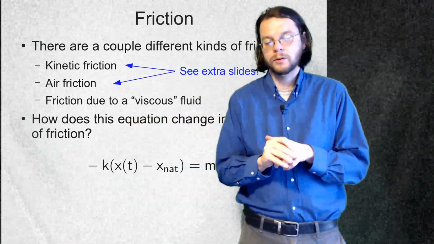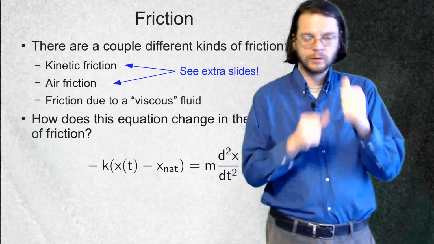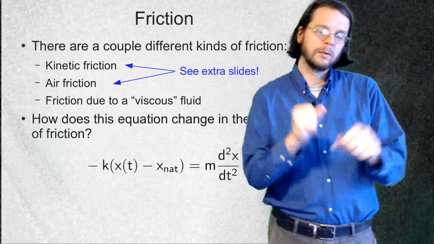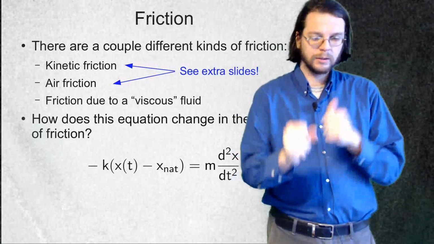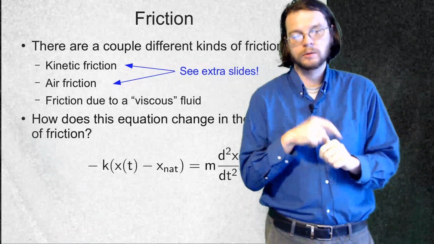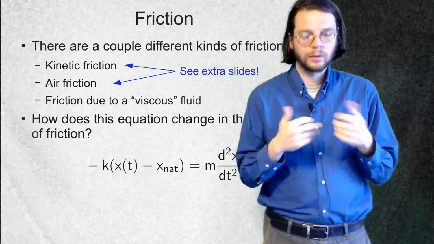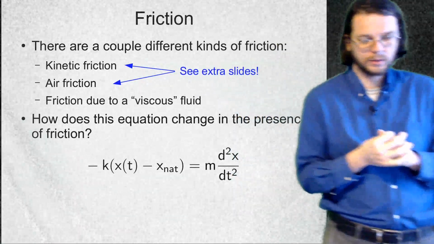And so an example of that is putting an object in water. I don't know if you guys have ever seen those exercise bikes where your legs move these paddles around in water. Well, water is a viscous fluid, and so the energy of your legs gets used up sloshing around the water, and so that's a form of damping.